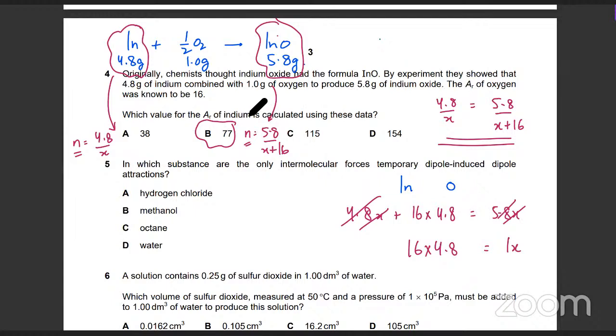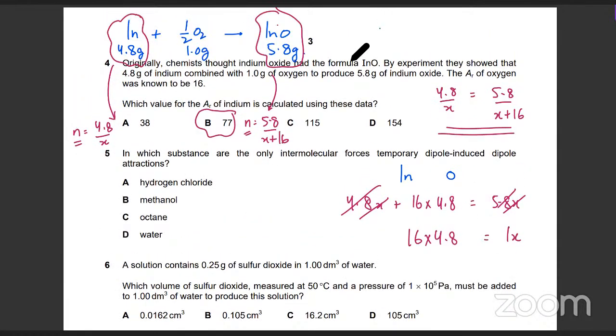He didn't say that it was a wrong value; he's just asking what value of the AR of indium is calculated using these data. So based on this data, the value of indium is 77. If you used the periodic table value, you would have gotten the wrong answer. Is that clear? Yes, sir.